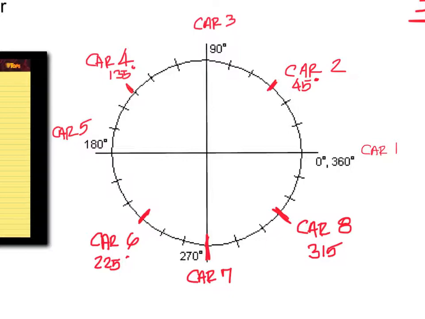Now, your graph paper could have all kinds of spokes on it, some of which may not be necessary. Sometimes you don't need 90 and 0 and 180 and 270. In this case, we do. But in any case, always go back and draw some spokes. In my case, I highlight them when I go back and do the homework solution guide so that it doesn't get so confusing. You only see what it is that you need. So what I'm going to do is in blue, go back and make these spokes.